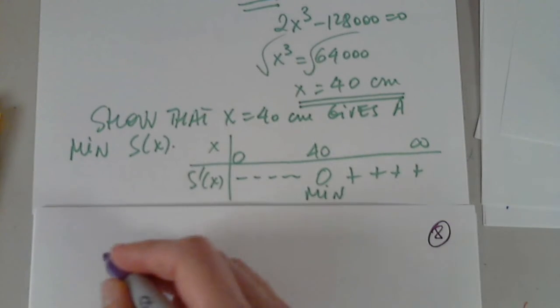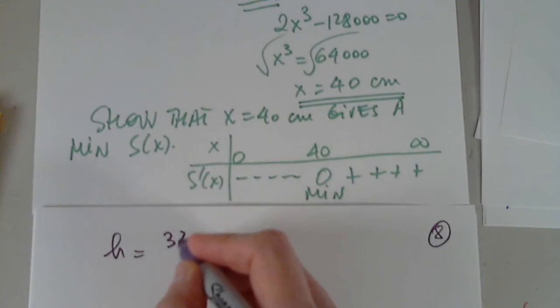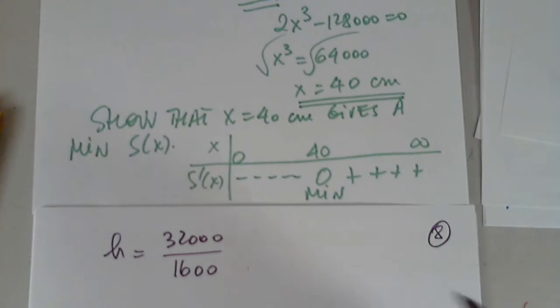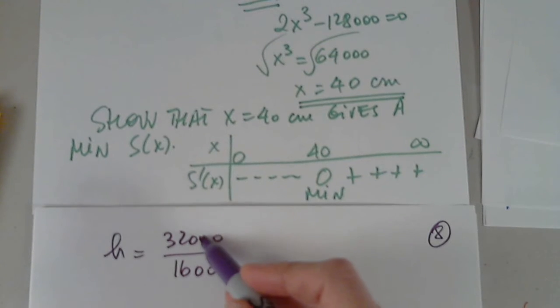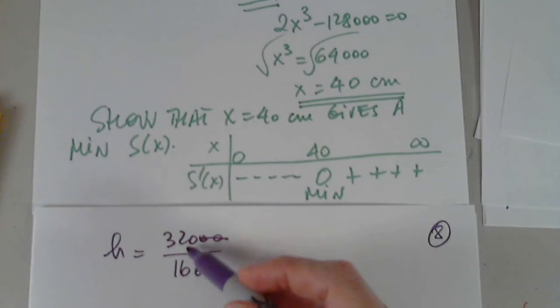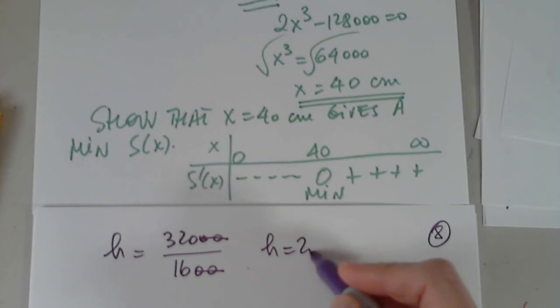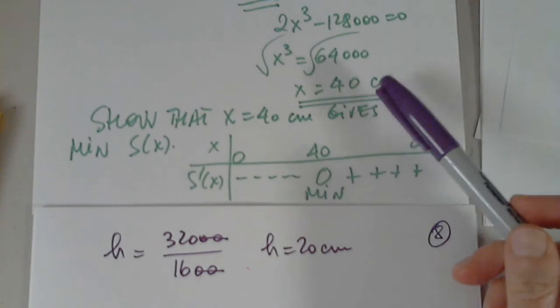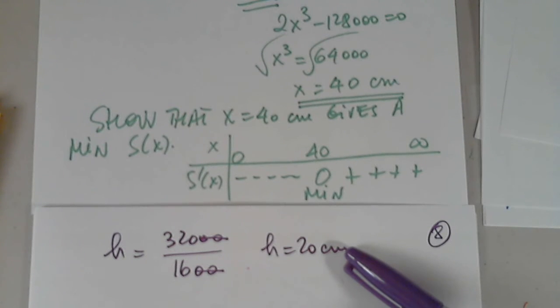So h equals 32,000 divided by 40 squared, and I simplify and get 20. So the dimensions that give the minimum surface area are: side of the base 40, height 20.